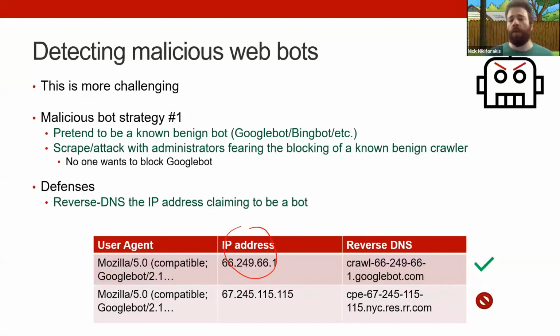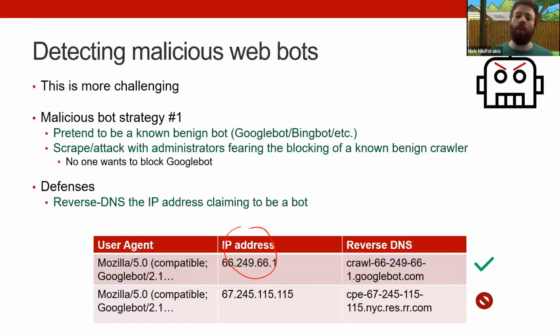But for the other one, you can see that this is falling in some sort of residential ISP network. So highly, highly unlikely, of course, that Google is placing their bots in residential ISPs. So this is clearly someone who's pretending to be Google bot, trying to evade any server-side blocking, because the idea is that websites will be very leery of blocking Google bots or Bing bots or other bots.